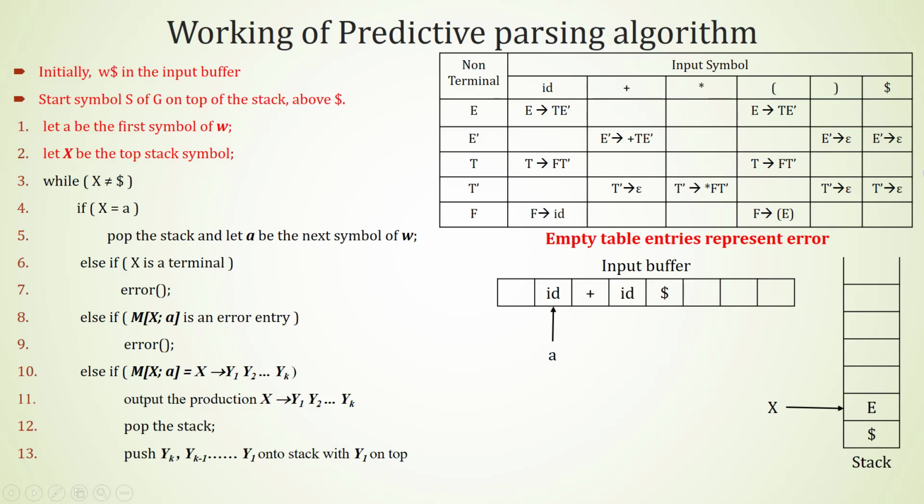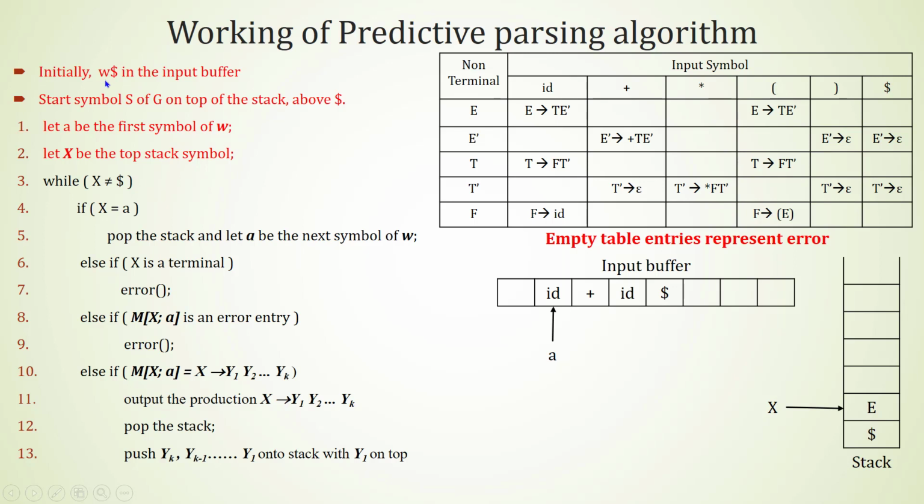So here I have a parse table. Here I have the input buffer. I am going to convert this id plus id to a parse tree. The end of the string is denoted by dollar. I have a stack. At the bottom there is dollar. After the initial setup, the start symbol will be pushed to the stack. Here in this grammar, the start symbol is E, so E is pushed to the stack.